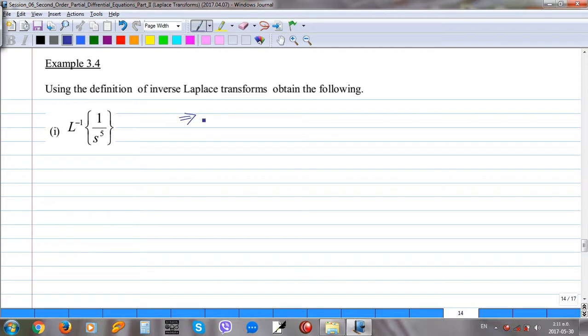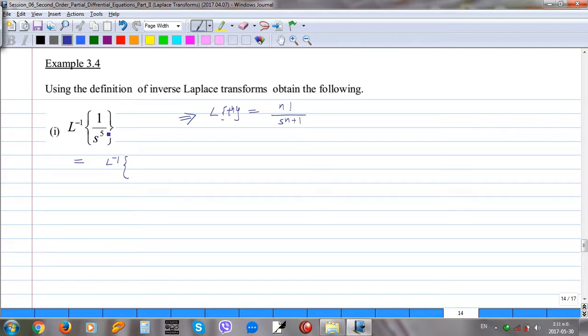You know the rule: L{t to the power n} equals factorial n over s to the power n plus 1, but it is not given here, so we can create it. We write L inverse of 5 over s to the power 5.